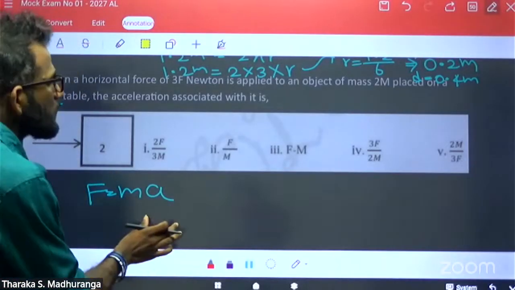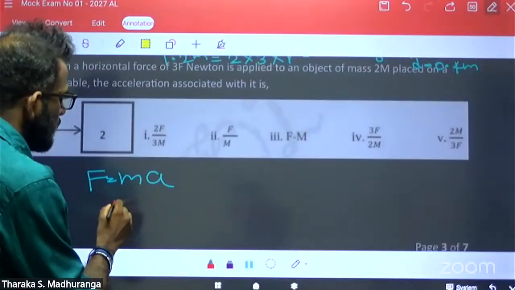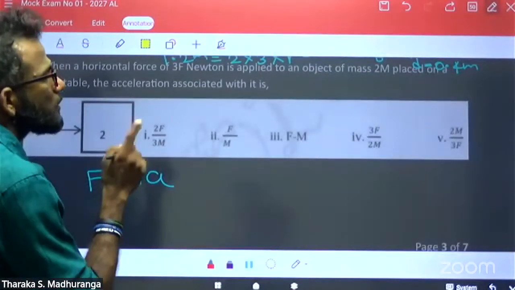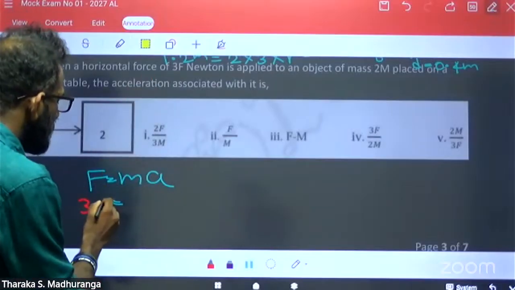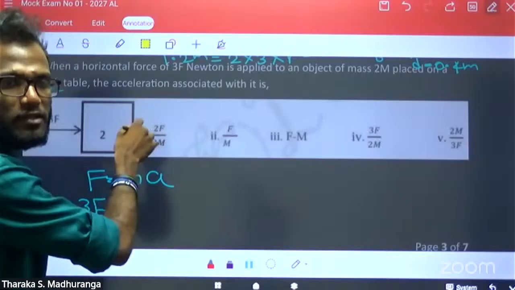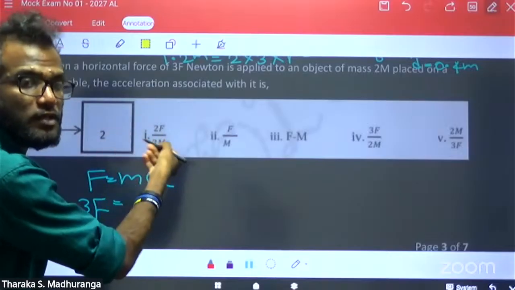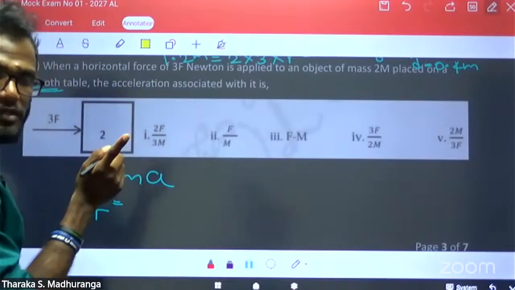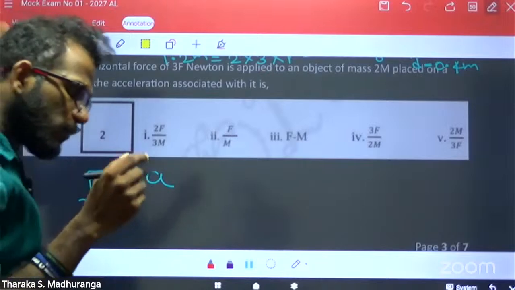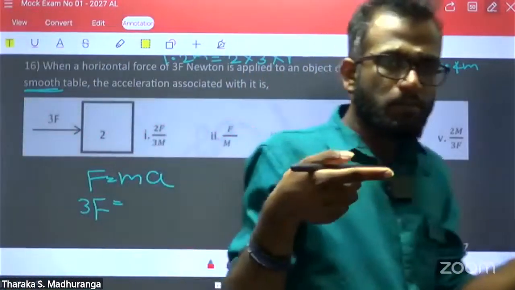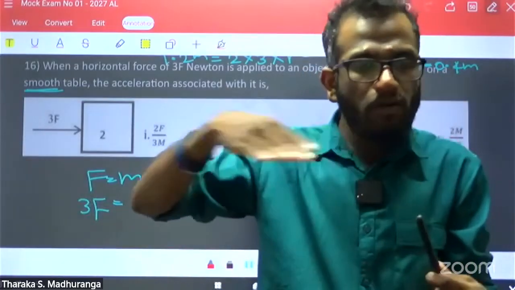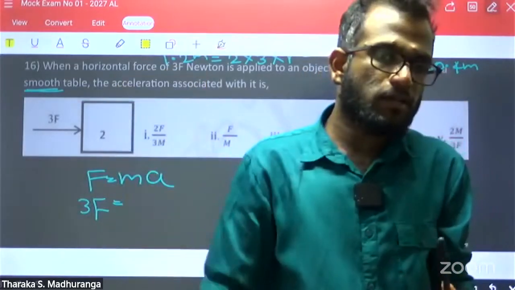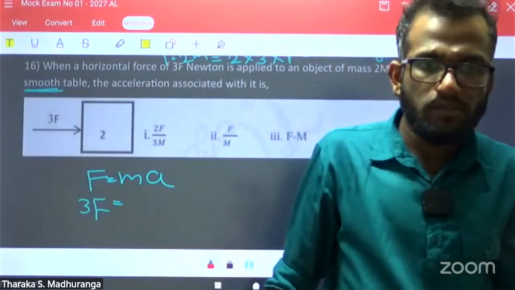Then F means 3F. The applied force equals the unbalanced force. Why? There is no friction force. Applied force equals the resultant force. Why? Only one horizontal force acts on the object.